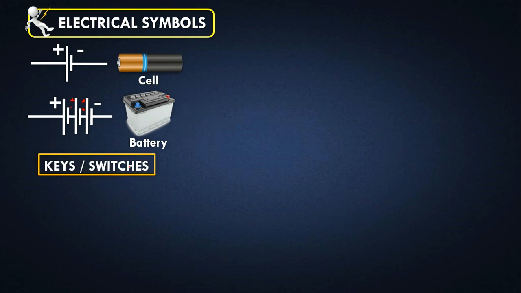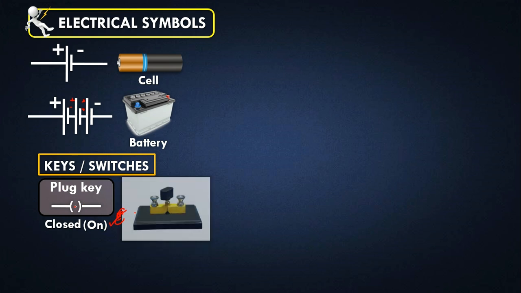And keys are switches. Now look at how to represent the key. There are two types of keys. One is the plug key, another is the tap key. You can see that this is a plug key. If the plug is inserted here, then we call it on. The switch is on. Closed means on. The plug key is closed here, so it is on.